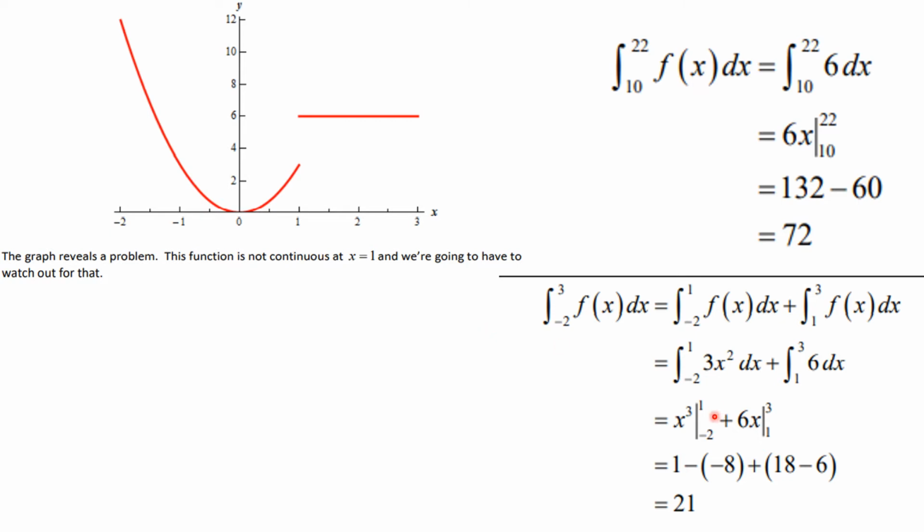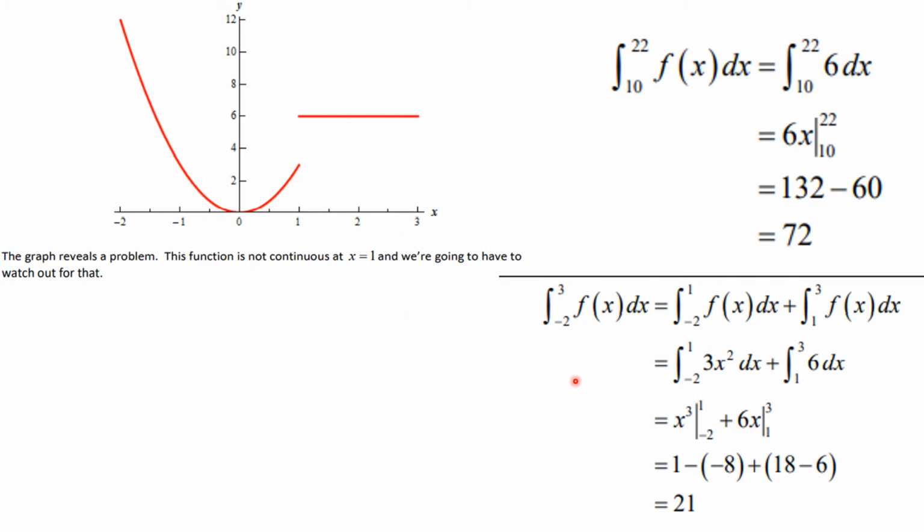So what we have to do is split this integral in two. The integral from -2 to 3 of f(x) dx is the integral from -2 to 1 of f(x) dx, and that gives us this area. And then we go from 1 to 3 with f(x), but now it's beyond the discontinuity and it's changed its definition.